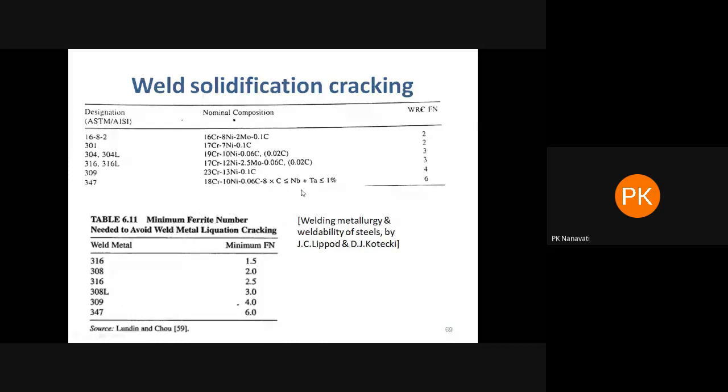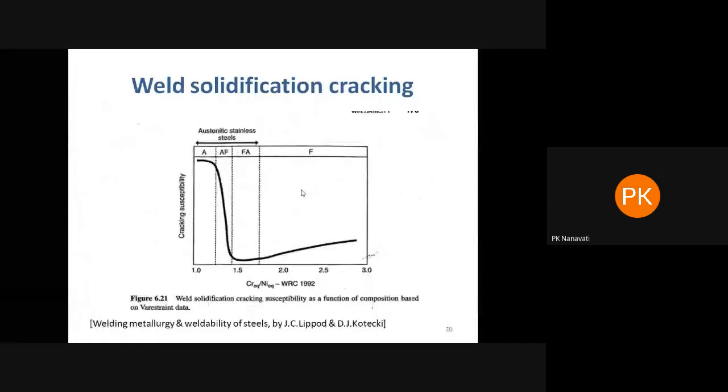We will come to know how to measure this ferrite, what the ways to measure this ferrite are, in the subsequent segment. But just to explain the solidification mode, the cracking susceptibility versus chromium and nickel composition. You see, when your composition is cooling from the A mode, that is fully austenitic mode, you have high cracking susceptibility.